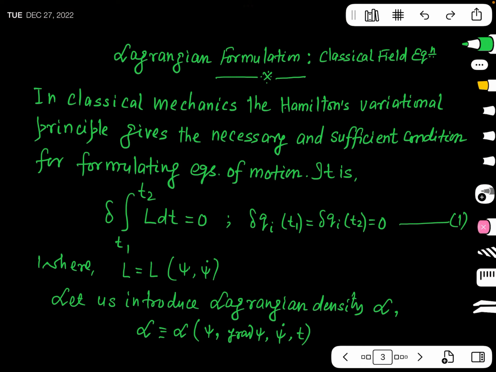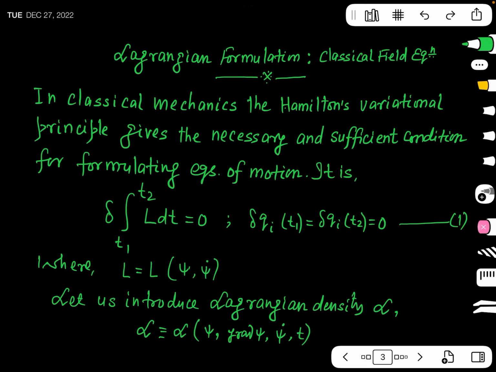So this classical field equation is obtained first of all in terms of Lagrangian density, and then in the second part of this same lecture we will see the derivation of the classical field equation in terms of Lagrangian of the field, not in terms of Lagrangian density. But in this present lecture we are going to find the field equation only in terms of the Lagrangian density.